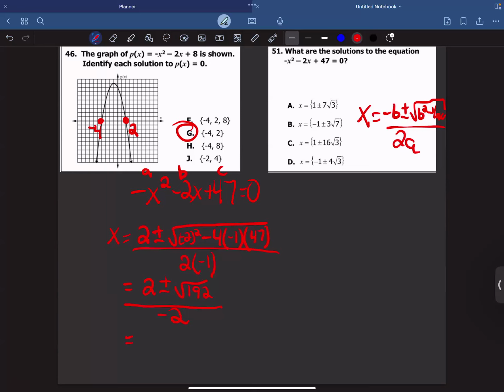Well, think about your factors here of 192. I know that it can be divided by 2 because it ends in 2. So 192 divided by 2 will be 96.